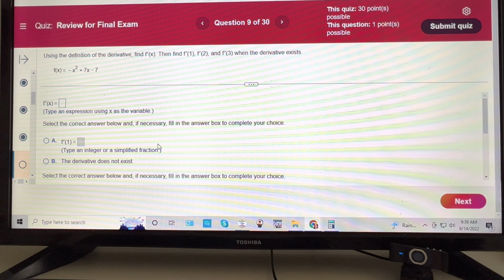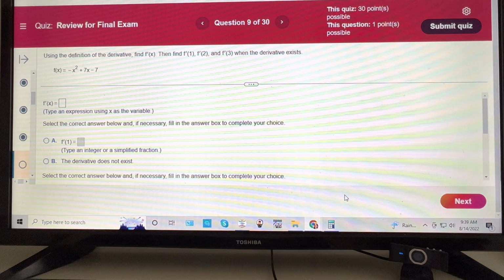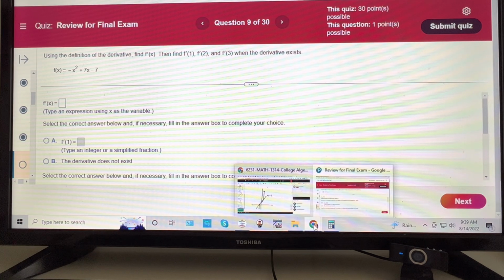Okay, next what they want you to do is use the definition of a derivative. That's the limit as h approaches 0 of the difference quotient. F of x plus h minus f of x all over h. But when you're taking a test, they're not going to know how you did it. And at this point, you already know all the rules of derivatives, the shortcut rules.